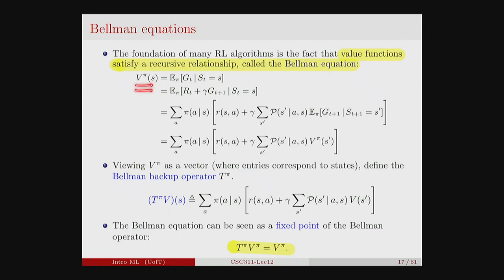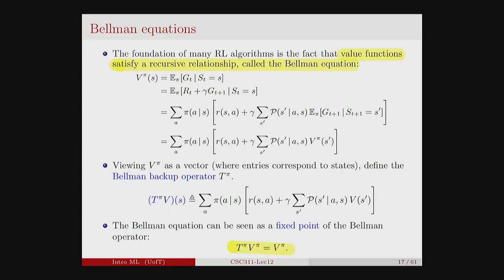Remember, the value function at state S is the expectation, following policy pi, of the return G_t conditional on being in state S_t at time t. You can write G_t as the reward at time t plus the discounted future return. So G_{t+1} is the future return that I expect to see under policy pi, now discounted with gamma.